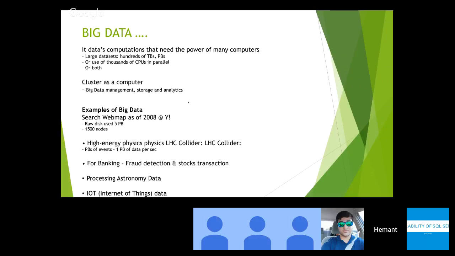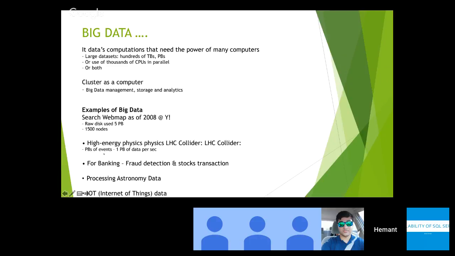But right now I just want to show the kind of data which is generally categorized as big data. And then there is the LHC collider's data, where the colliding detectors tap on events of 1 petabyte of data per second. Can you imagine the amount of data it produces? And then the analysis happens on how the particle acceleration works.